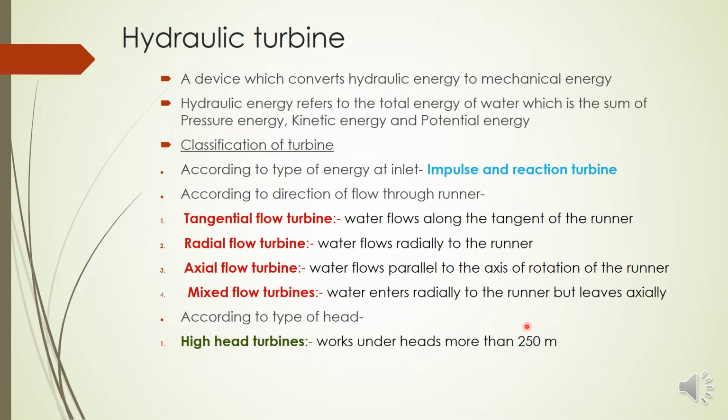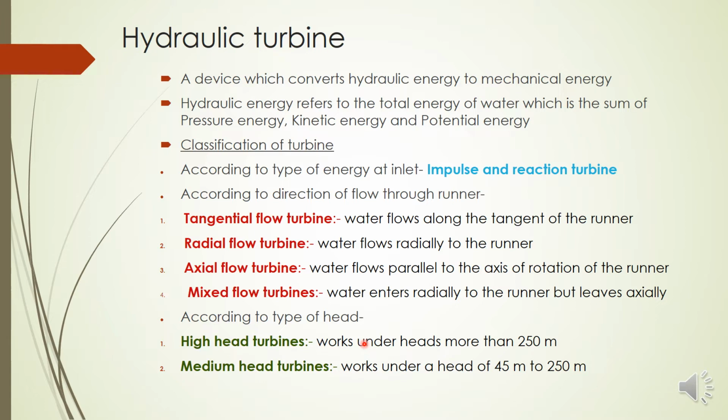If a turbine is capable of producing power by working under a head of more than 250 meter, we call it as a high head turbine. So automatically if the head increases, discharge will be very low. So already we know head and discharge are inversely proportional. So if the head is high, the discharge will be low. And Pelton turbine is a high head, low discharge turbine.